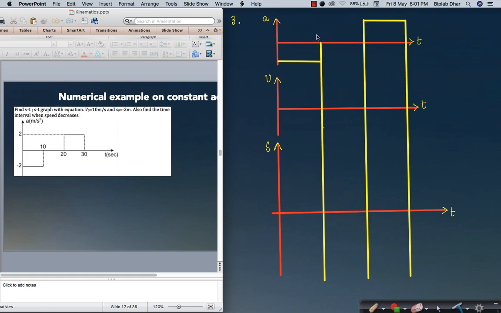This vertical line represents 10 seconds, this is 20 seconds, this is 30 seconds, and this is the origin. So first I need to plot the VT graph.